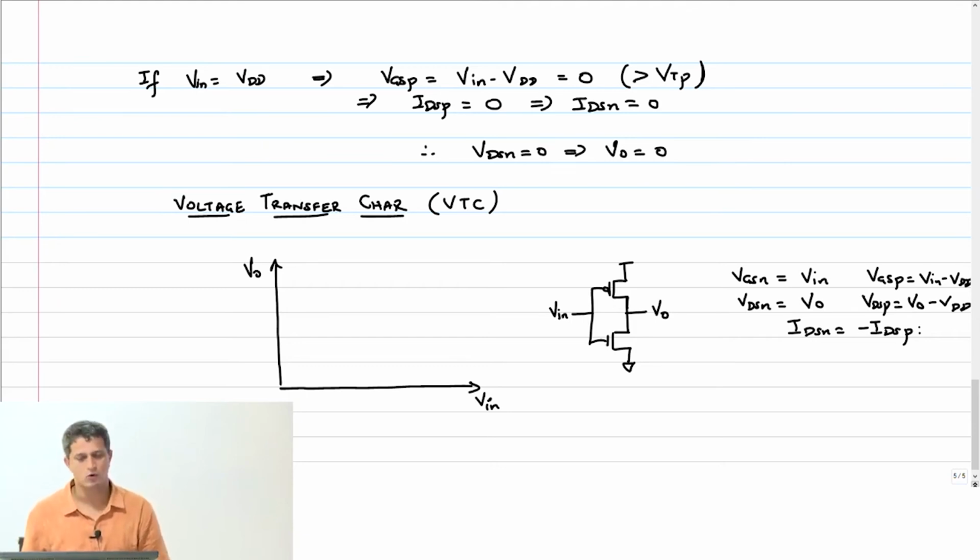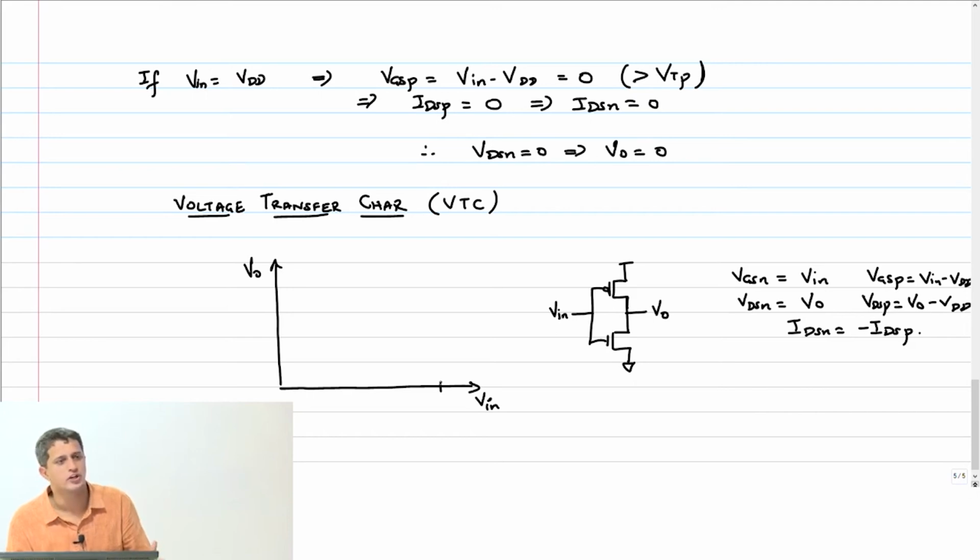So what we are going to do now is sweep V in from 0 to VDD. In the process, there are going to be some transition points. So when we sweep V in from 0 to VDD, what do you think the first point of transition will be?